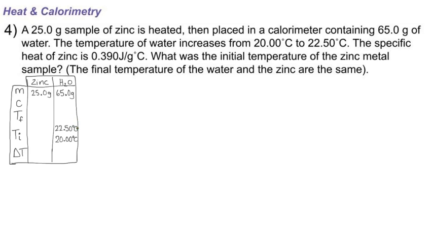The specific heat of zinc is 0.390 joules per gram Celsius. And I'm not going to write the units there because it won't fit in my table. What was the initial temperature of the zinc metal?